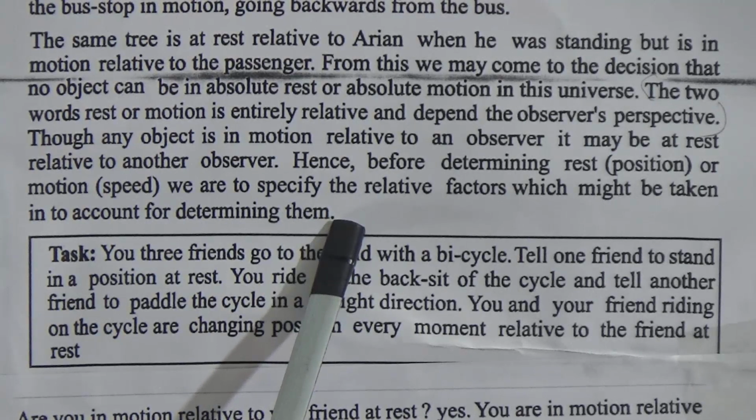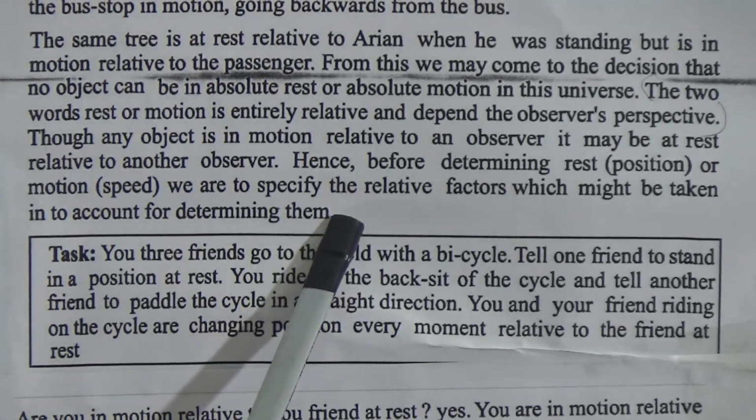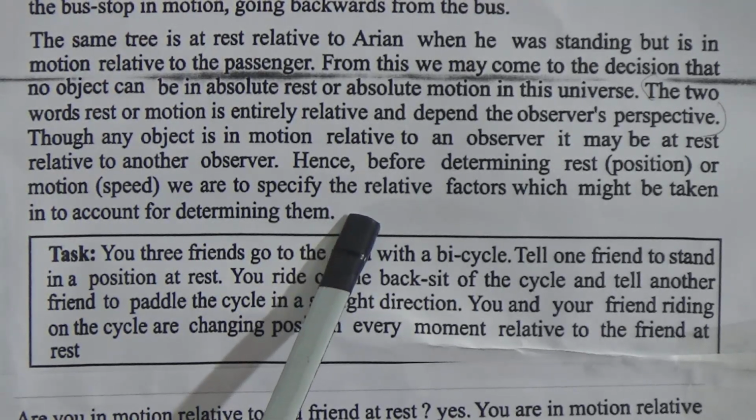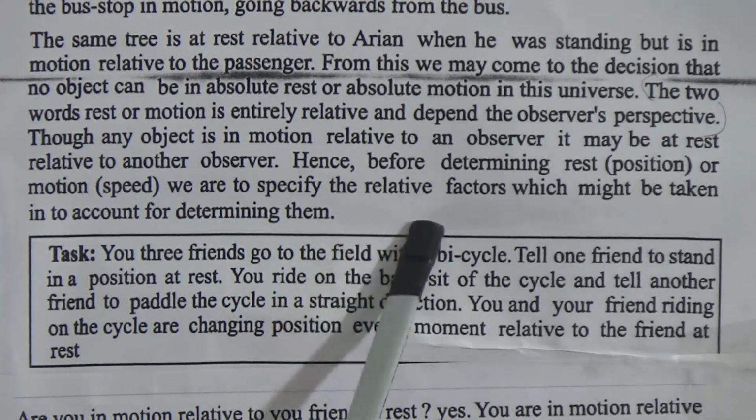Like in this incident, if you are in the bus, you will find the roadside tree in motion, but when you stand beside the road, you will find the tree at rest.